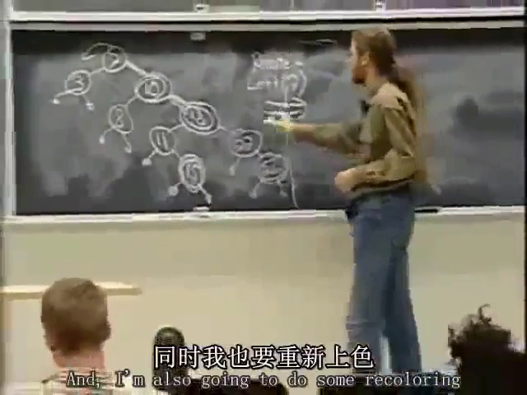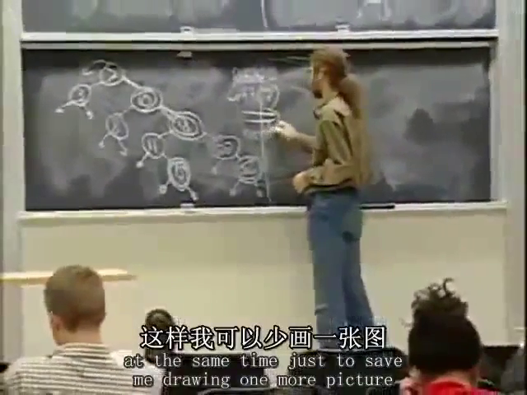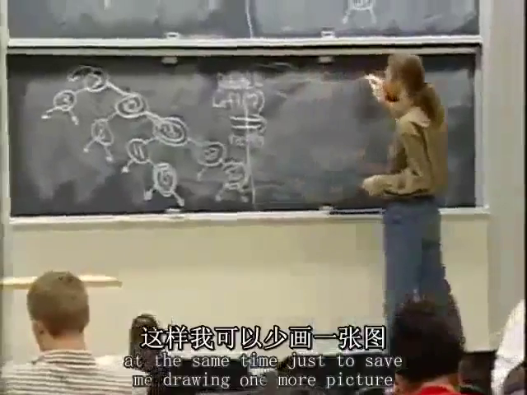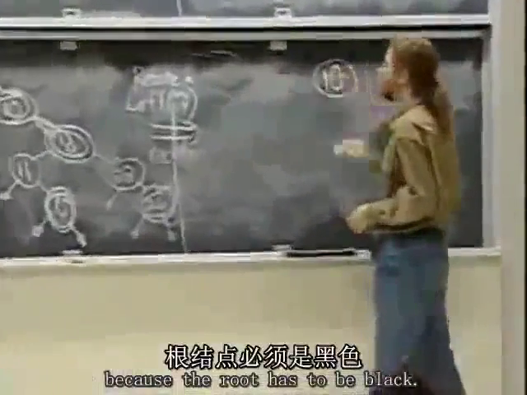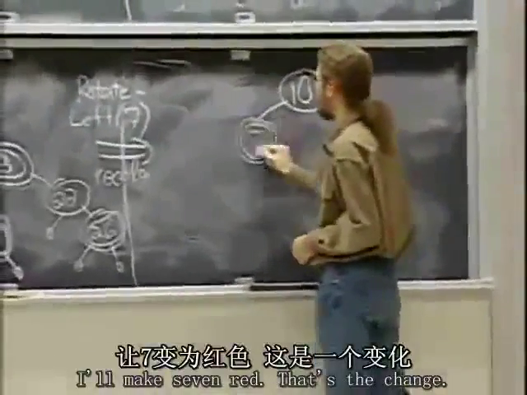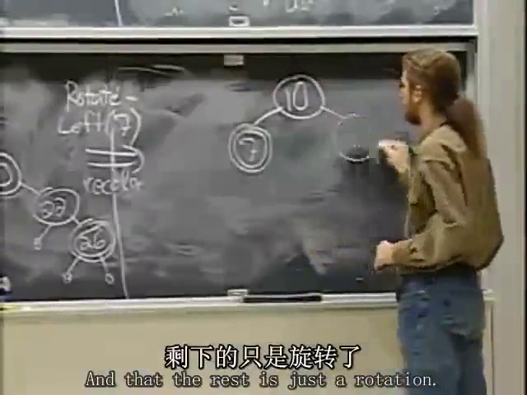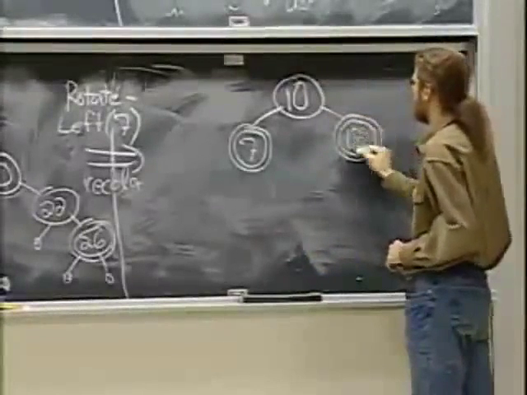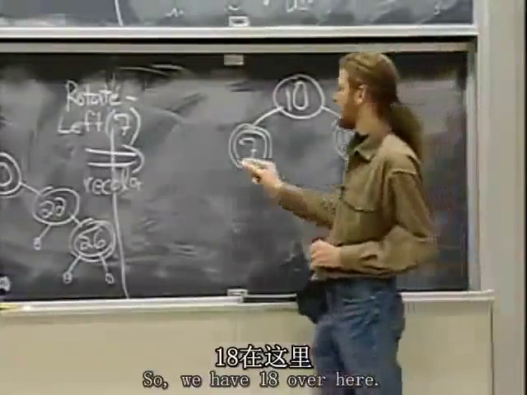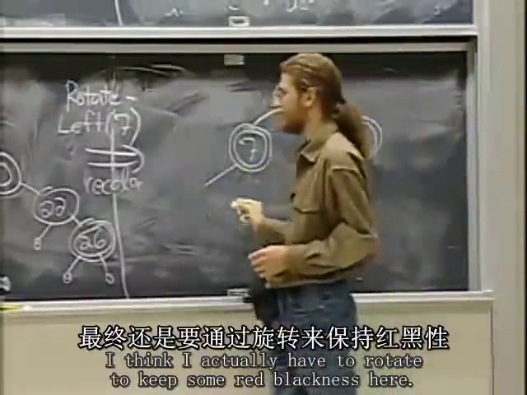And I'm also going to do some recoloring at the same time, just to save me drawing one more picture. Because the root has to be black, I'm going to make 10 black immediately. I'll make 7 red. That's the change. And then the rest is just a rotation. So we have 18 over here. I think I actually have to rotate in order to keep some red-blackness here.